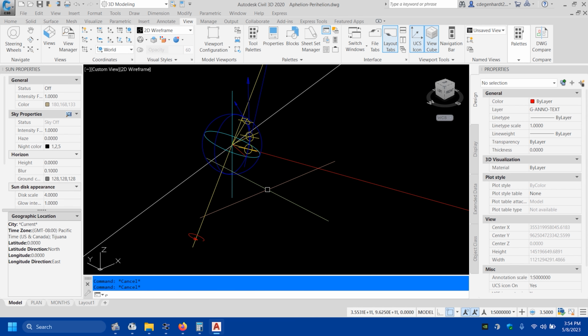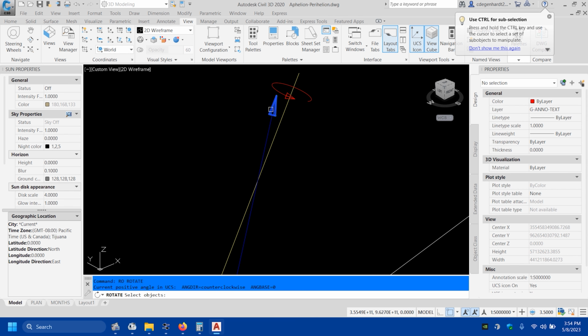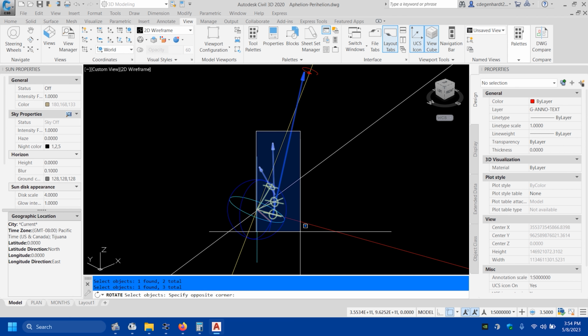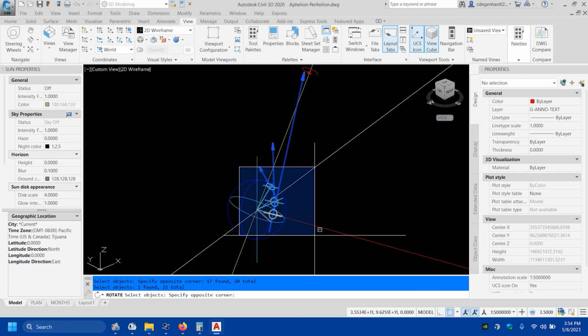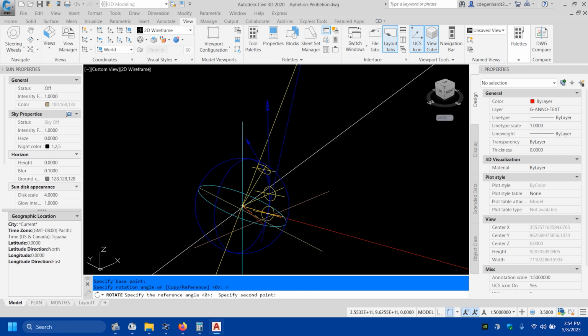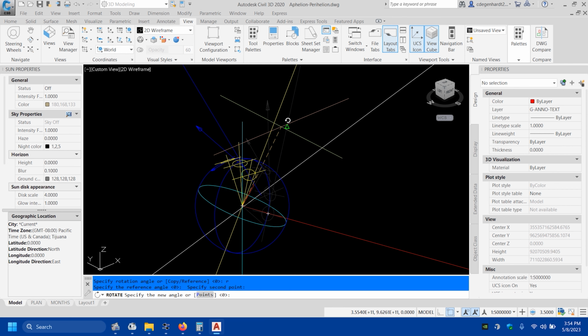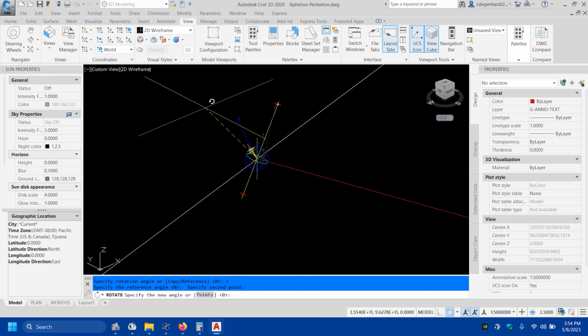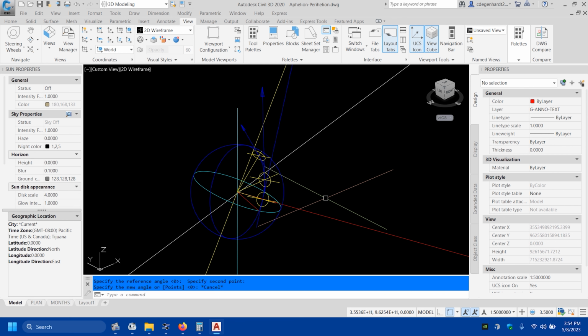So rotate. Reference. And it spins along. Not doing it well. So rotate.